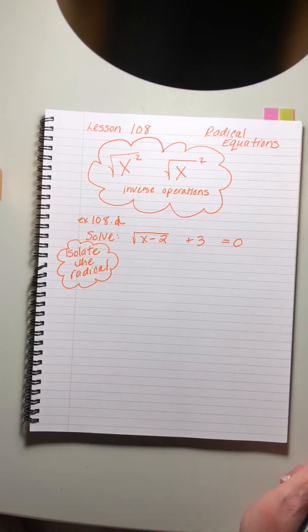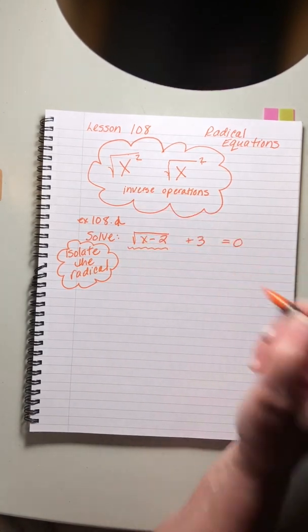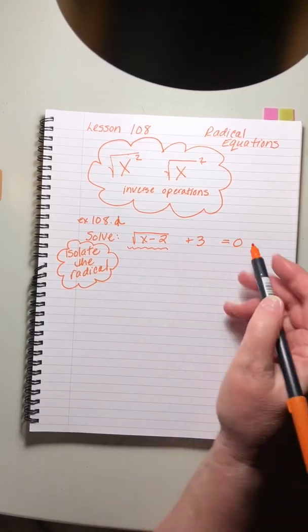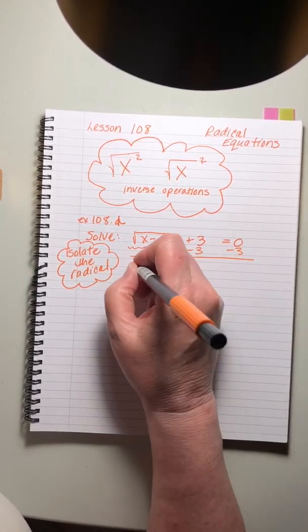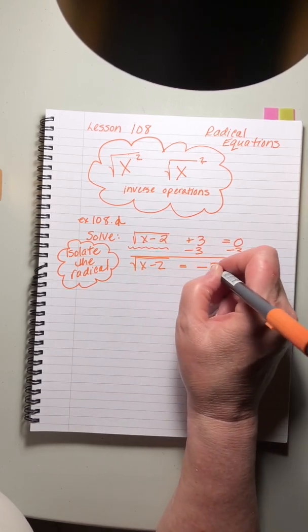And so what we do is we just look for the big gnarly pig house and say, okay, you need to be by yourself. We're going to put it in timeout. And so we'll just subtract the 3 just to get rid of it. Square root of x minus 2 equals minus 3.